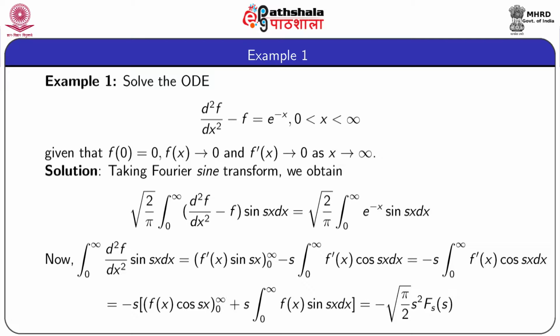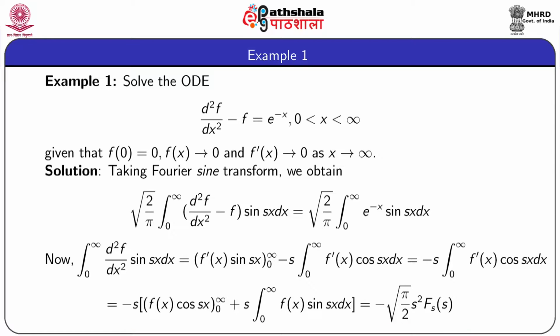So, we are left with only the second term, that is this integral, and this integral is again integrated by parts to obtain minus s into f(x) cos sx from 0 to infinity plus s integral 0 to infinity f(x) sine sx dx.